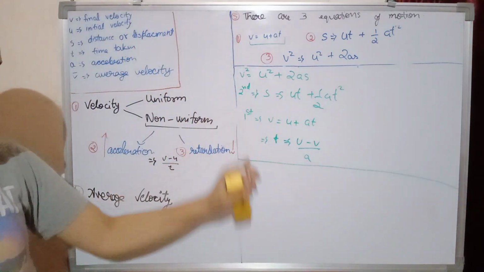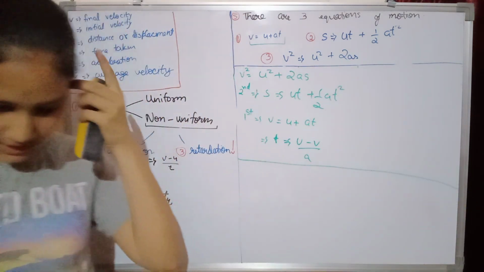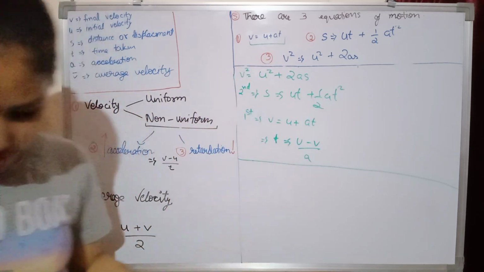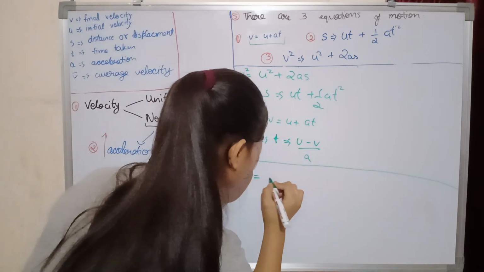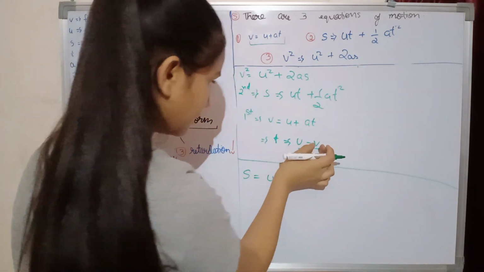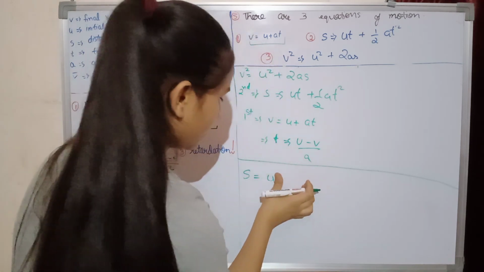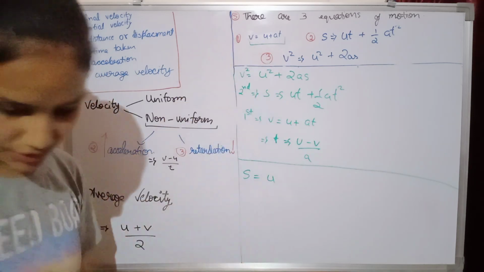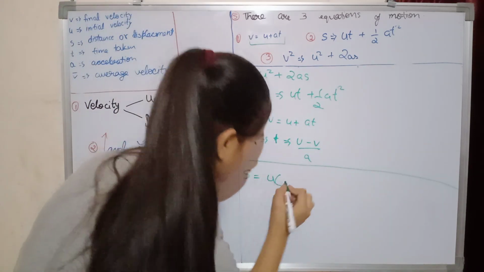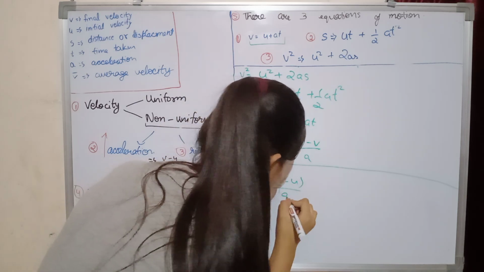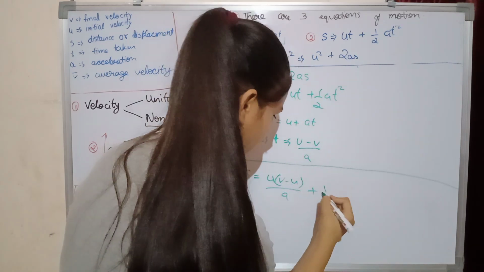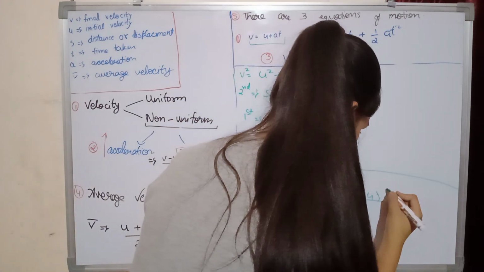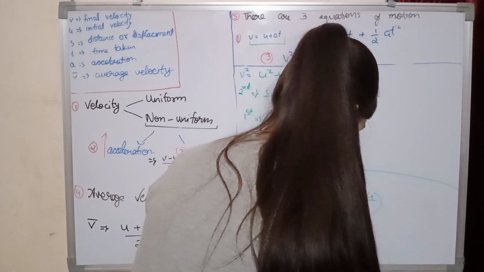Now after calculating this, we can easily calculate the third equation of motion, which is S is equals to U, and instead of writing T, we can put the value of T, which will be V minus U upon A, plus half A upon V minus U upon A whole square.